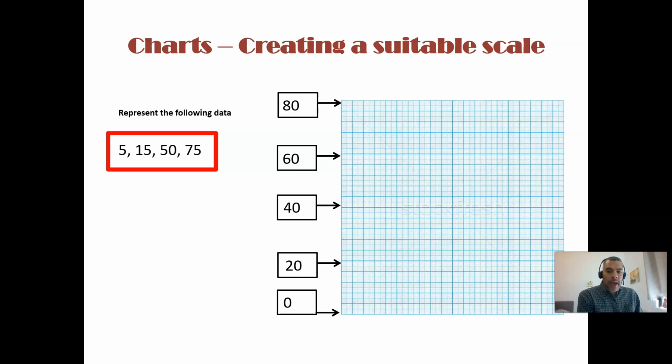And as you can see, if you want to find out the value of one of these individual squares, you would divide the gap, which is 20, by the number of squares, which is 10, and that would be 2. So the value of each one of these squares is 2. That is what you will need to do when you're drawing your charts.